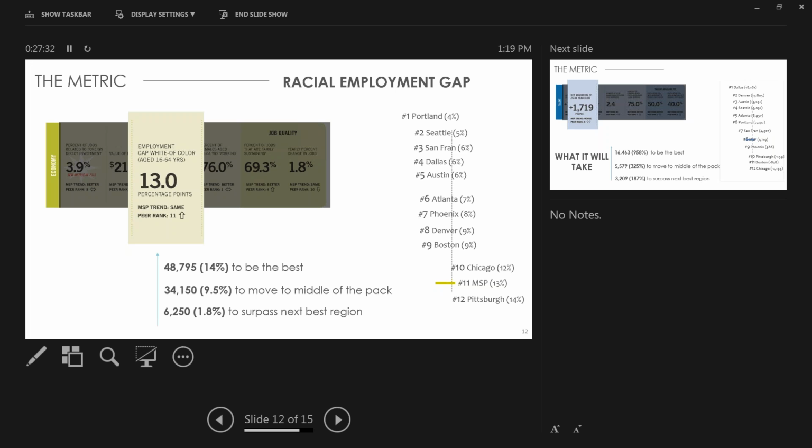And so to the extent that Greater MSP's dashboard is getting to some of the same policy outcomes and goals that are in Thrive MSP 2040, I think we're using the same definitions, but Thrive MSP 2040 is really getting to development patterns and the intersection of the built environment and livability.